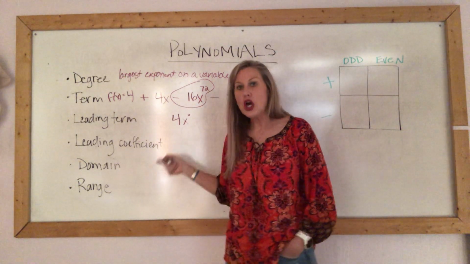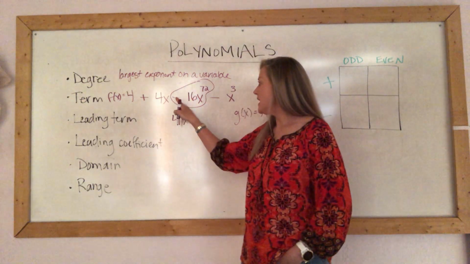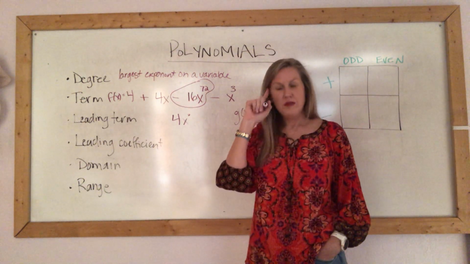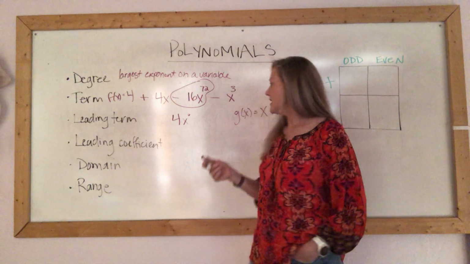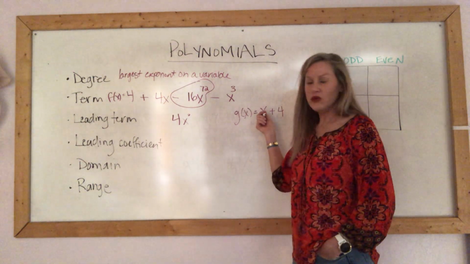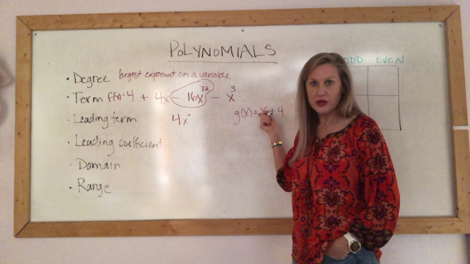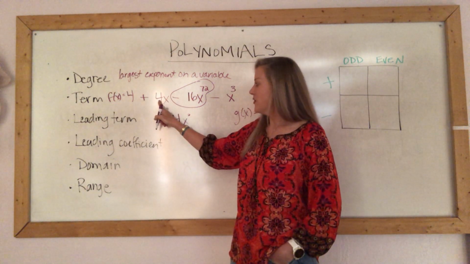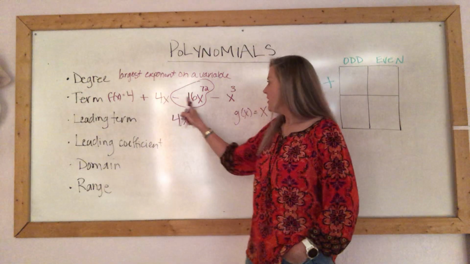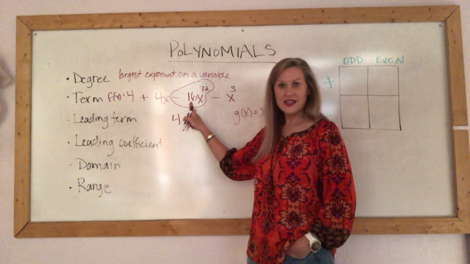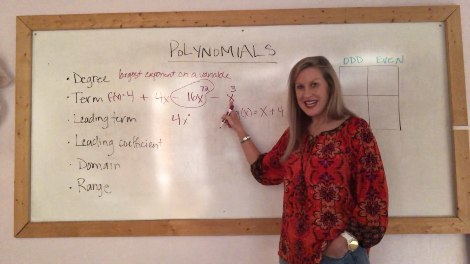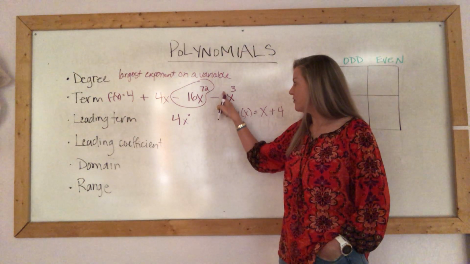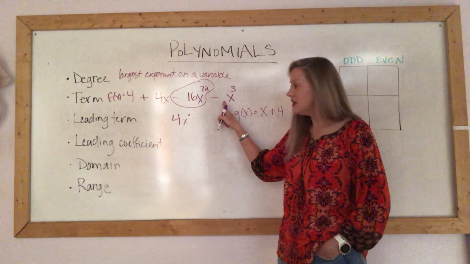And the leading coefficient would be negative 16, because a coefficient is a number out in front of a variable in a particular term. So this guy's coefficient would be 4. This guy's coefficient is negative 16. This guy's coefficient would be negative invisible 1.